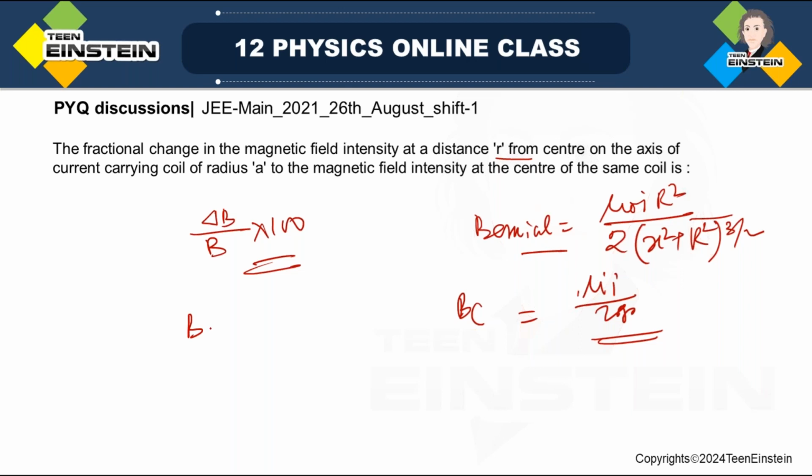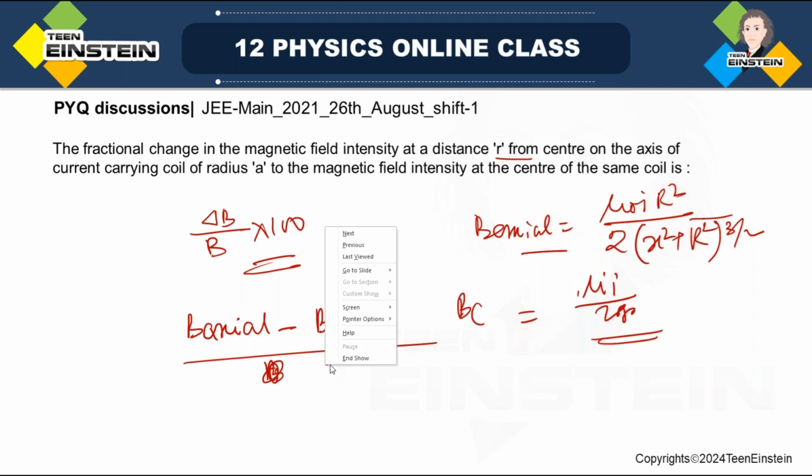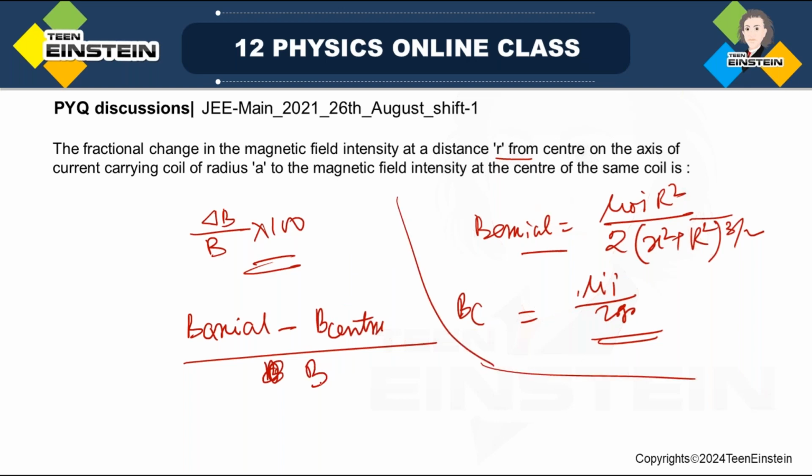That means you have to do B axial minus B center divided by B center.